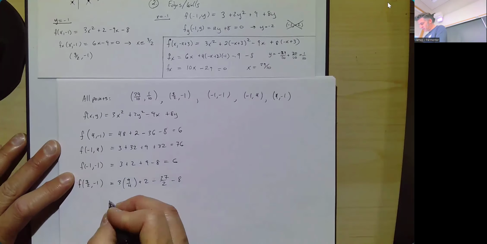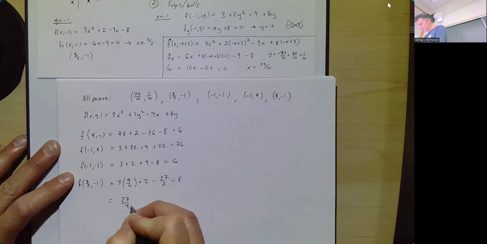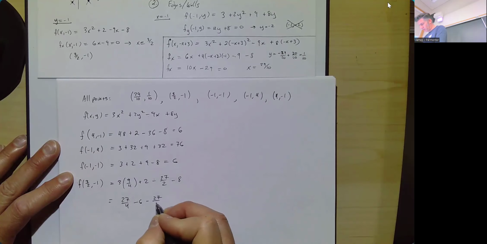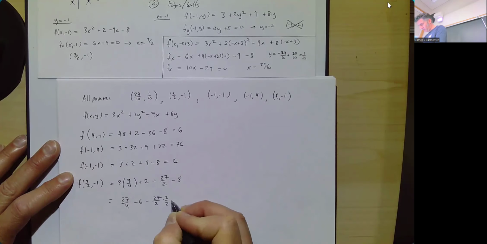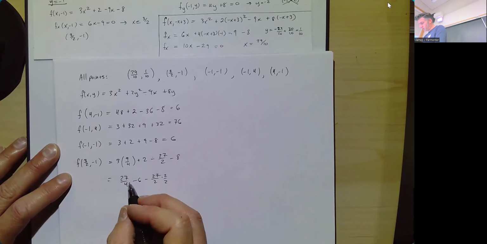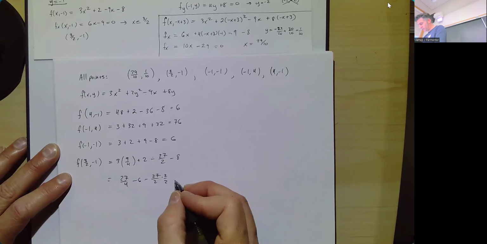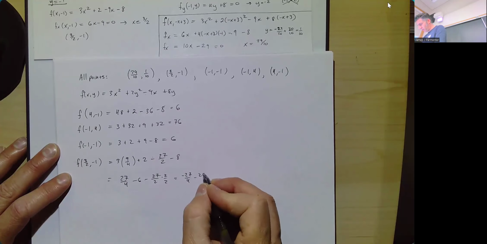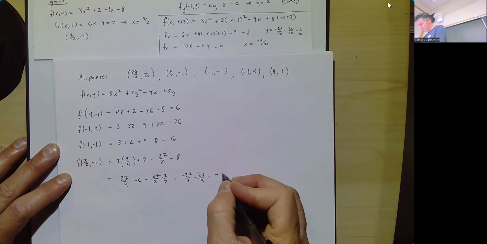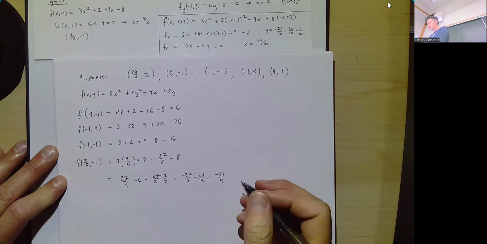So I get 27 over 4. 2 minus 8 is minus 6. Minus 27 over 2, which I should really multiply by 2 over 2 to get 54 over 4. So 27 minus 54 is negative 27 over 4. And minus 6 is minus 24 over 4. So I get negative 51 over 4, which is close to negative 13.